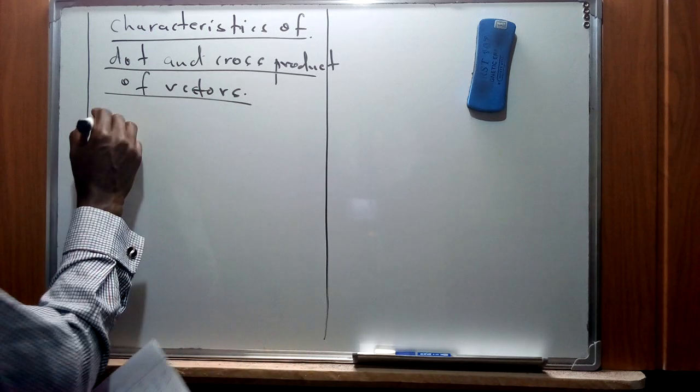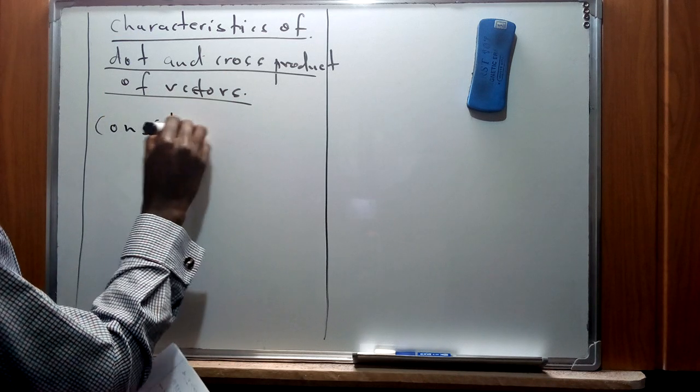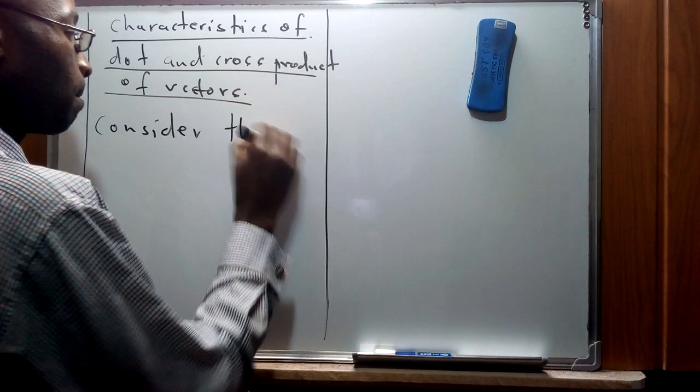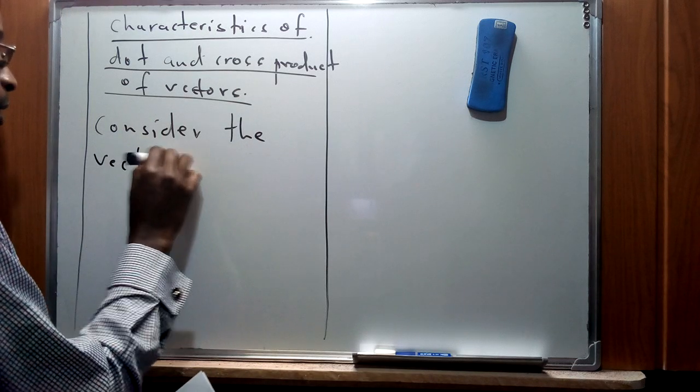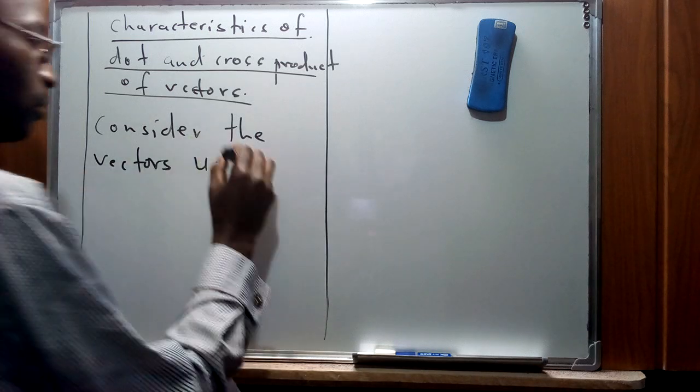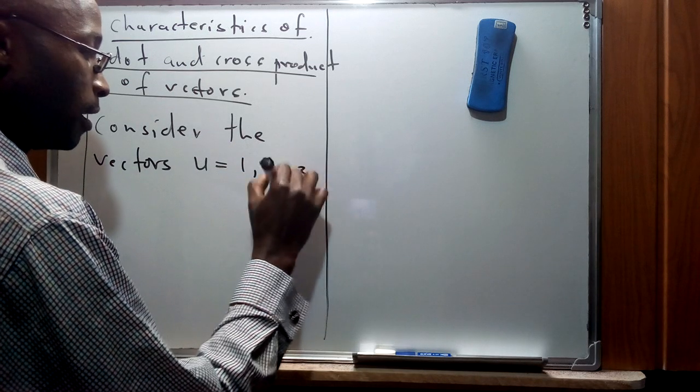For that case, we are going to consider two vectors. We consider the vector u, which is given as (1, 2, -2).